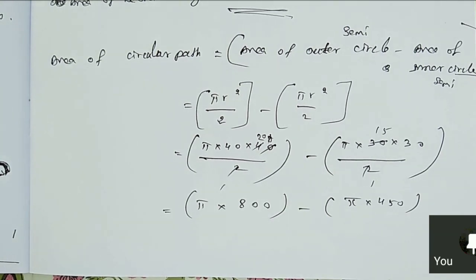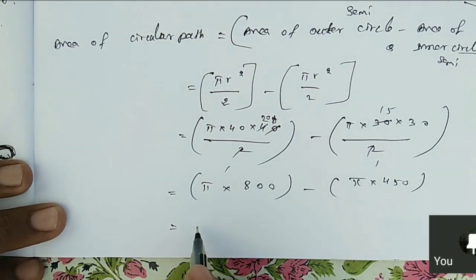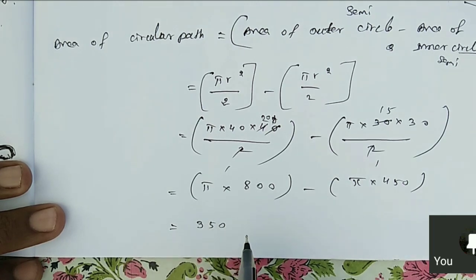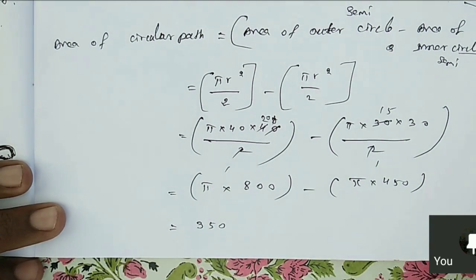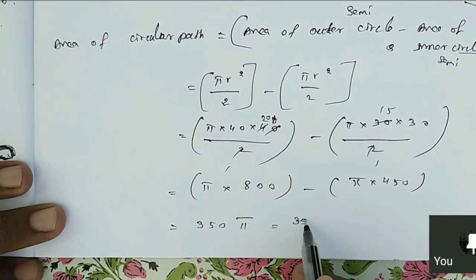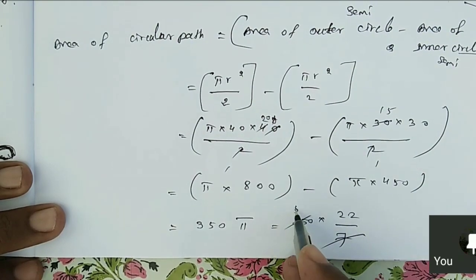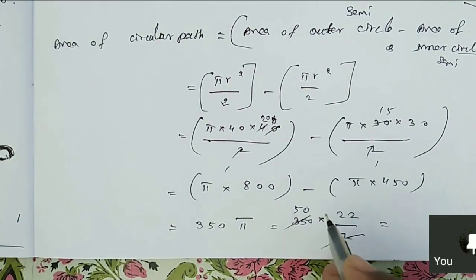Any doubt? Okay, now 800 pi minus 450 pi, what is the remaining? 350 pi. So now we can substitute the pi value: 350 into 22 by 7. 7 and 5 cancel, 5 times 7 is 35, so it is 50.